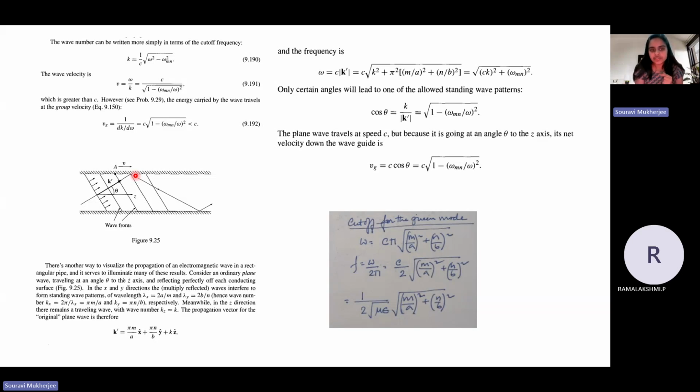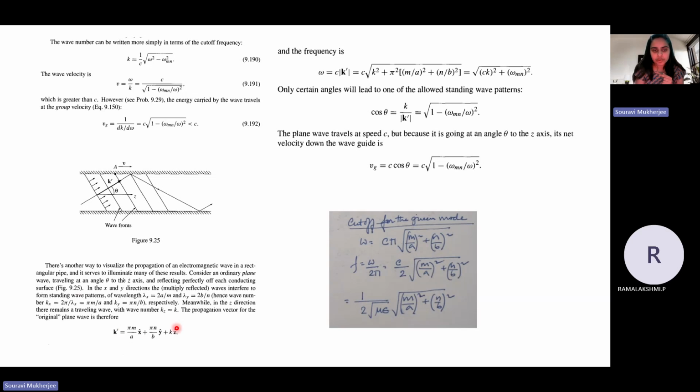And the typical wavelengths of the standing waves will obviously be governed by the dimensions of your waveguide, right? So different standing wave patterns with the possible wavelengths given as 2a by m, and lambda y given as 2b by n. This would be the typical wave numbers that would be possible. And so from there, you can again redefine and write the typical values of propagation vectors.